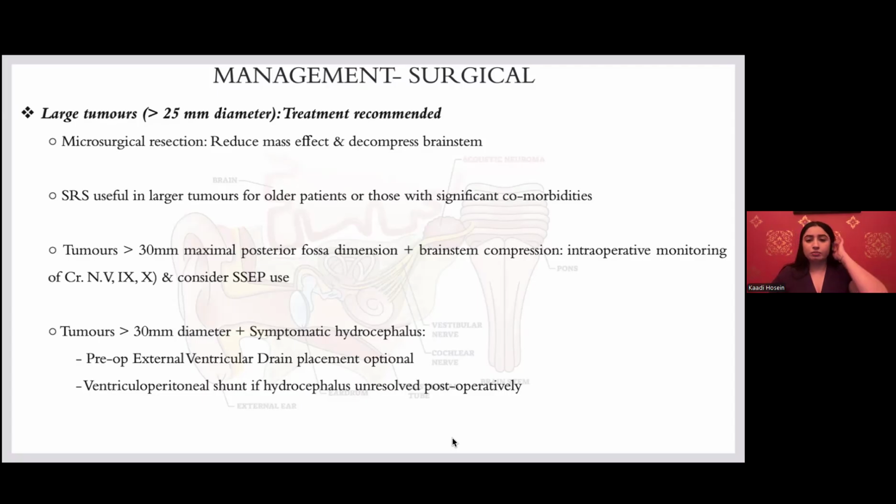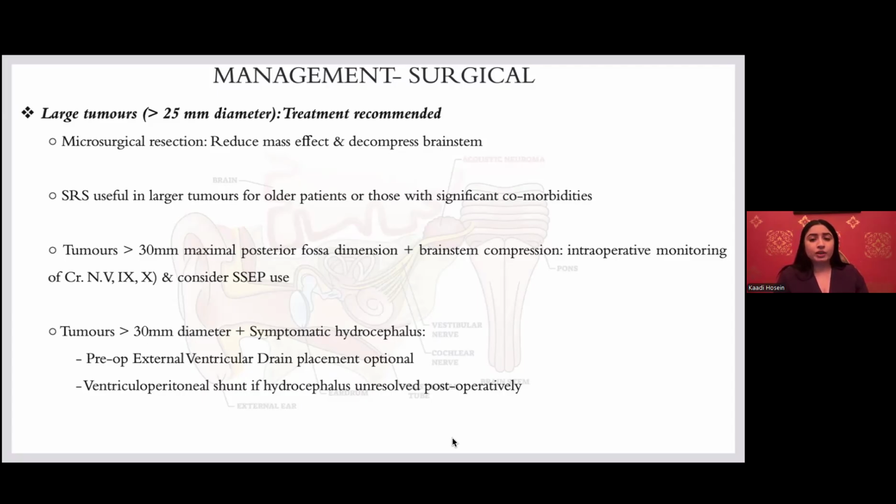And therefore, early management is considered more favorable to achieve a good outcome. Now, for larger tumors, more than 25 millimeters in diameter, treatment is recommended. Microsurgical resection is favored to reduce the mass effect and decompress the brainstem. And stereotactic radiosurgery is also useful in larger tumors for older patients and those with significant comorbidities.